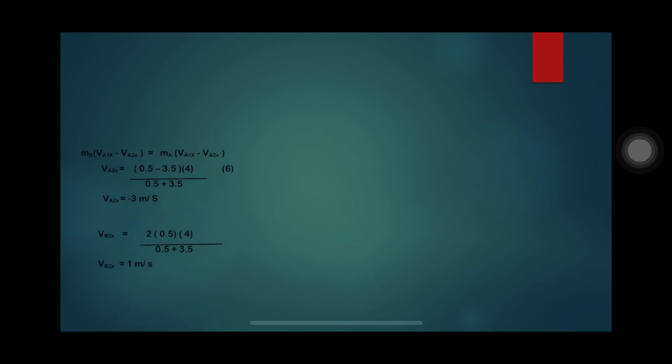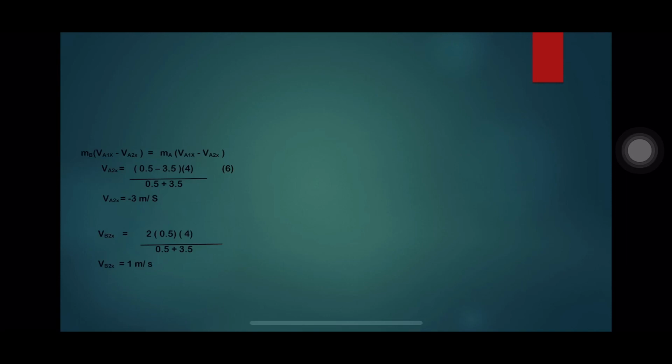So after we get what we really want, which is the equations to calculate va2x and vb2x, we plug in all the numbers from the exercise, and we get va2x equal to minus 3 meters per second and vb2x equal to 1 meter per second.